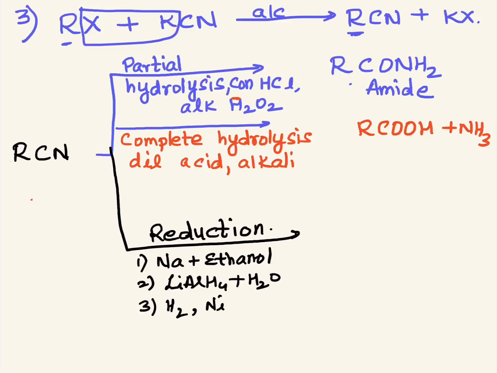Any of these reducing agents you can use over here. So we are reducing, which means we are adding hydrogen to it. There we go, 4 hydrogen added to it. So we will have RCH2NH2.